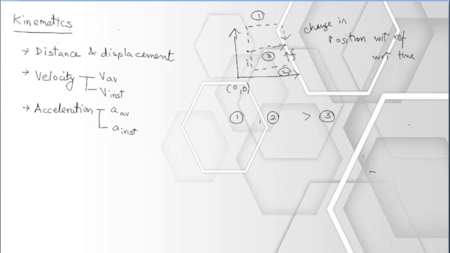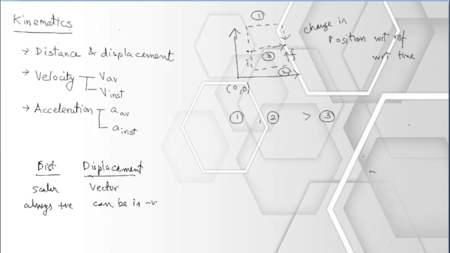So distance is a scalar, displacement is a vector; distance is always positive, displacement can be in the negative direction, and distance is always greater than or equal to displacement.